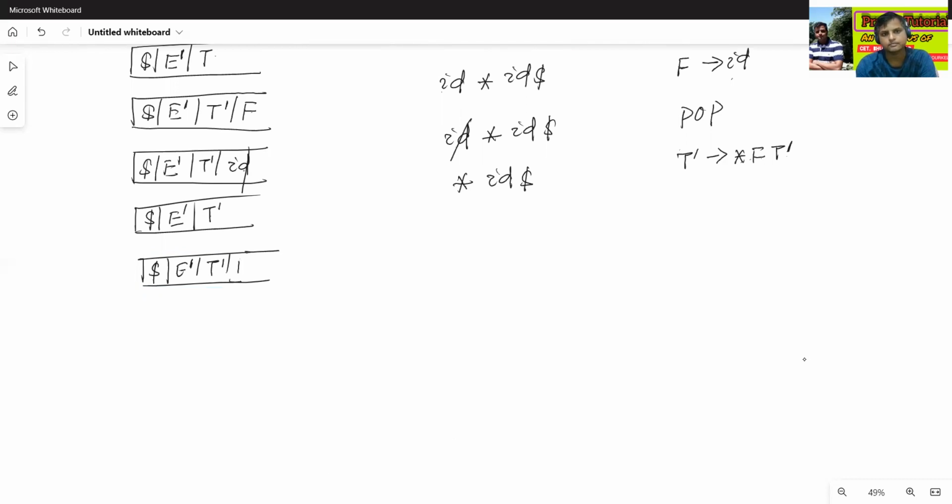Then the input is star ID dollar. Okay, star and star both are matched. So this one is pop.